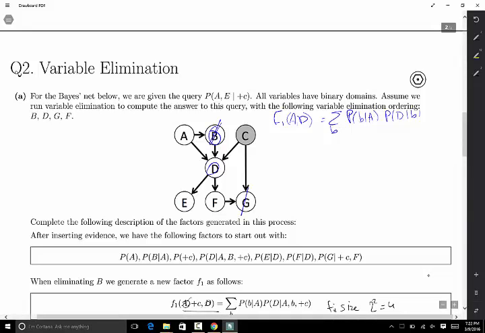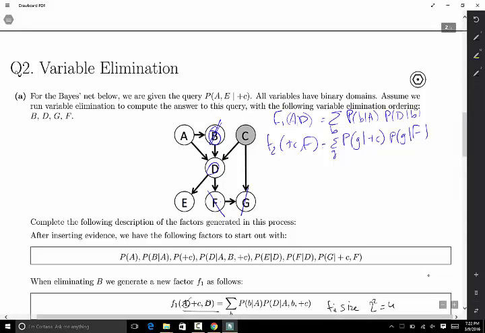Now we can eliminate G, and if we eliminate G, we get a factor that only involves one uninstantiated variable. So we'll get the sum over G of P of little g given plus C and F. So this is a factor that only has size 2, since F is the only uninstantiated variable.